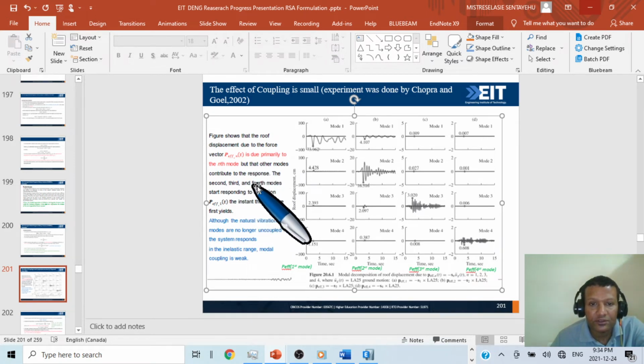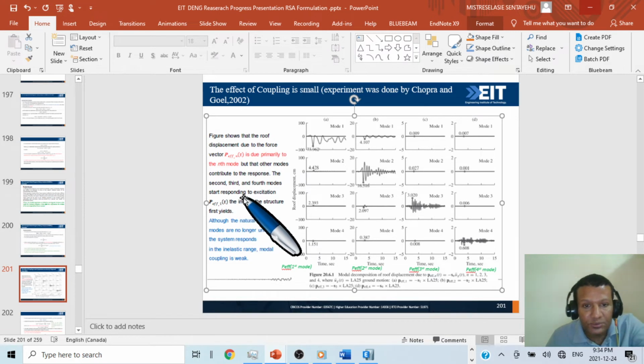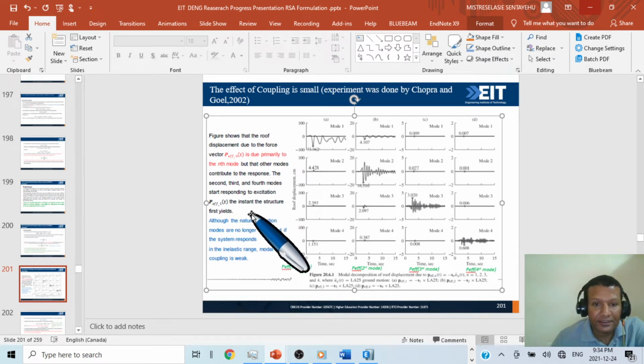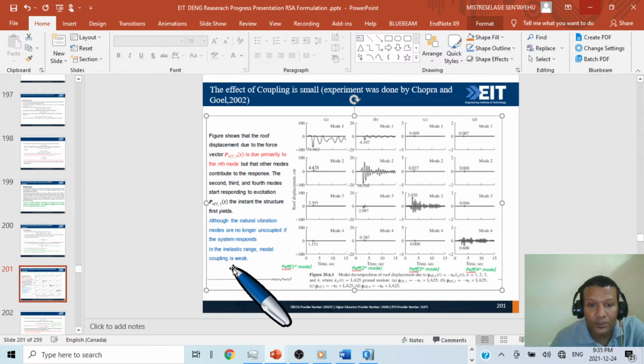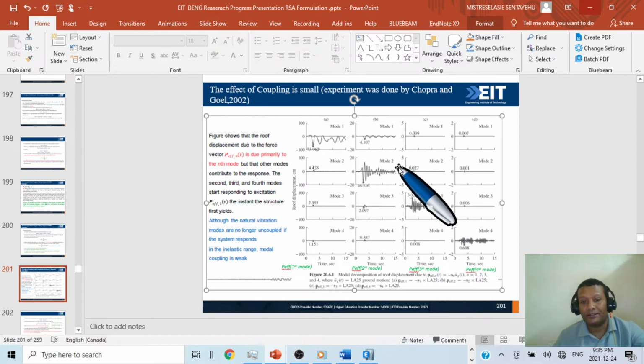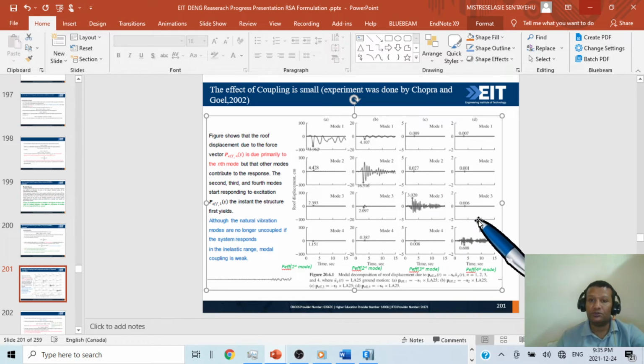The second, third, and fourth modes start to respond to excitation the instant the structure first yields. Although the natural vibration modes are no longer uncoupled, if the system responds in the inelastic range, modal coupling is weak. So this is very weak, as you can see.